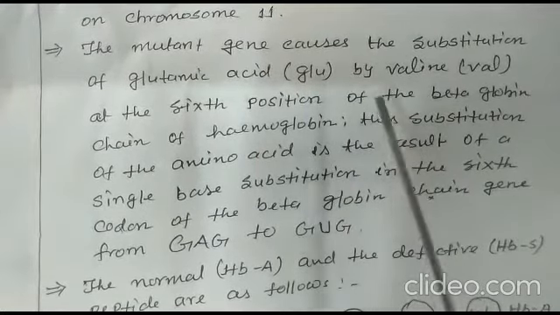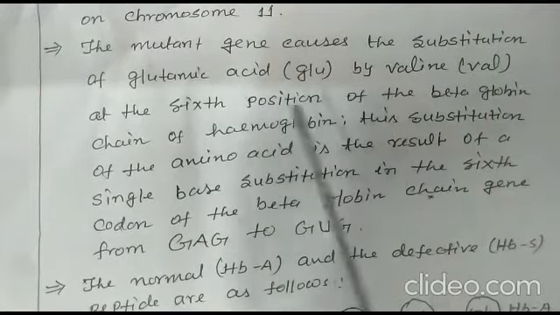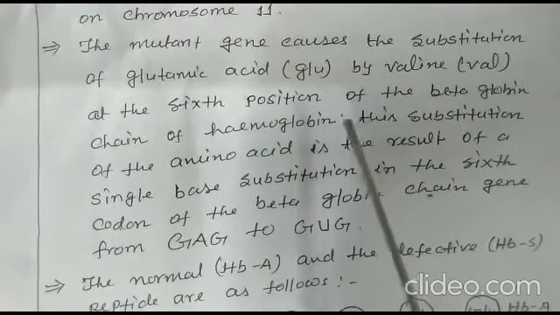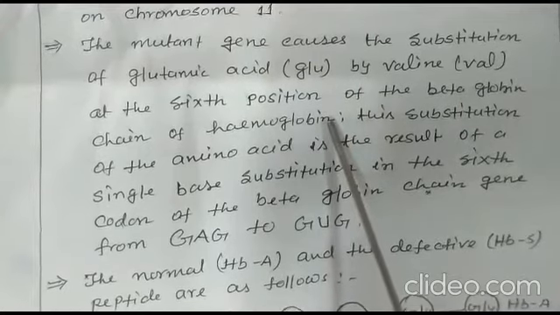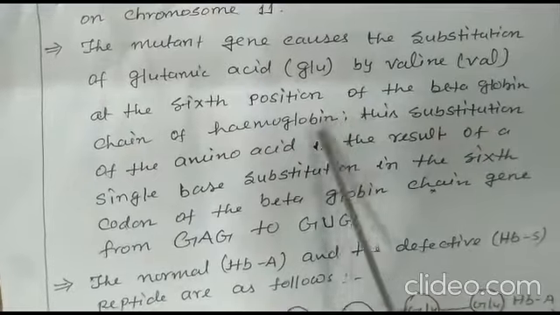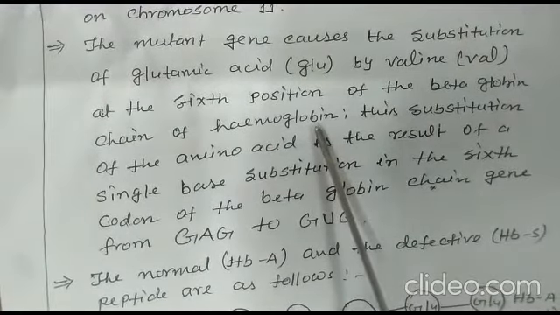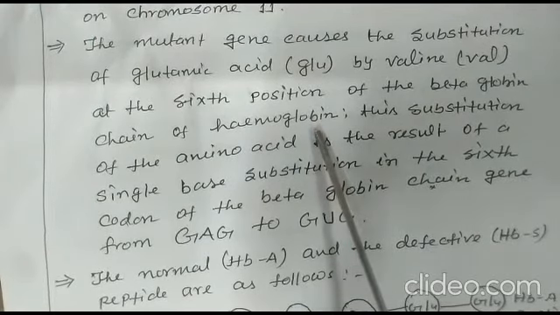Now, as we have learned, there is a mutation, and it may be at the nitrogenous base. If any one of the nitrogenous bases is replaced by another, it may result in the deformed formation of the hemoglobin. You have learned that the hemoglobin chain is made up of two chains, alpha chain and beta chain.